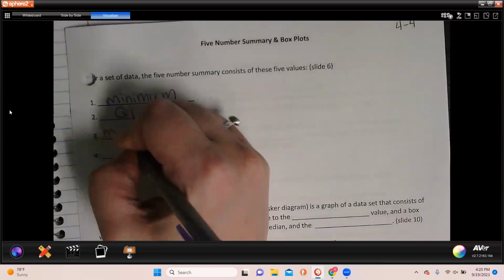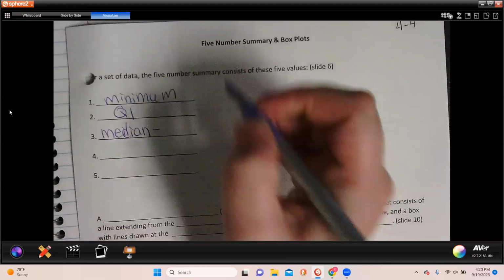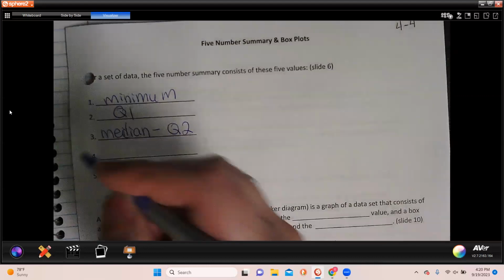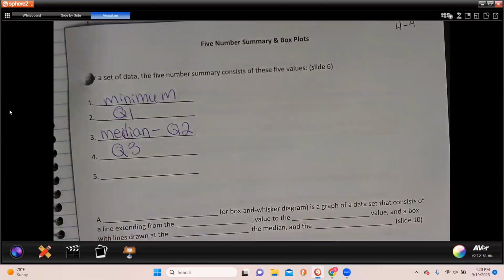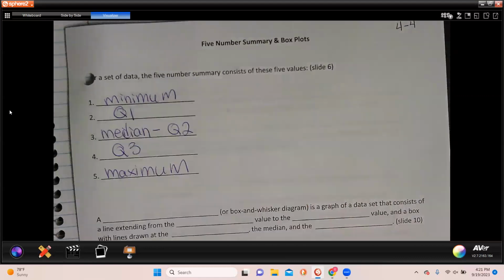The third one is the median. The median is also Q2. Don't forget that. Number 4 is going to be Q3. And the last piece of data is going to be the maximum. So this is the 5-number summary: the minimum, Q1, Q2, Q3, and the maximum.